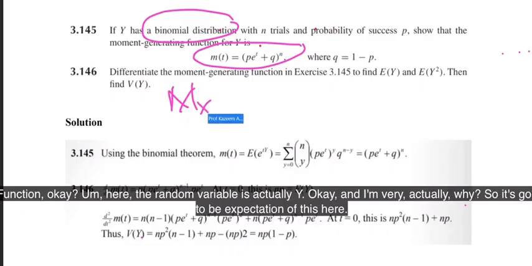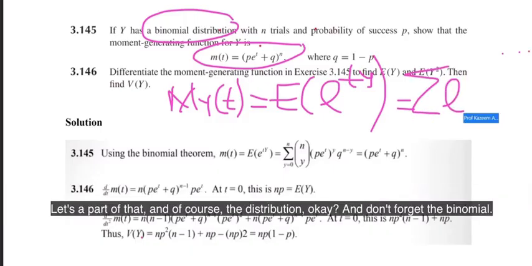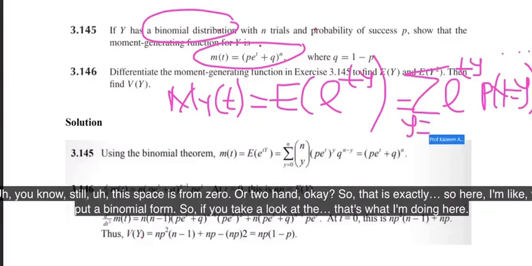Here the random variable is Y, so it's going to be the expectation of this here. For a discrete random variable, and the binomial is a discrete random variable, I'm going to have a summation, raised to the power of that, and of course the distribution. And don't forget, for the binomial the state space is from 0 to n.